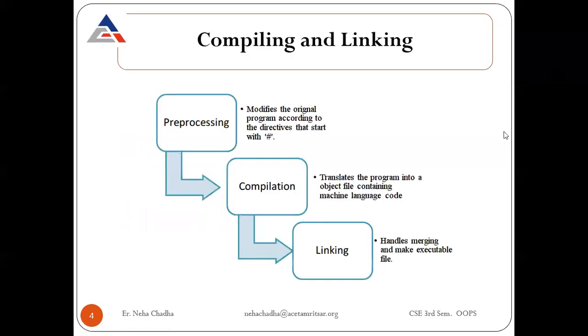Coming to the compiling and linking process, firstly, there is a process called pre-processing that modifies your original program according to the directives that start with hash. As you know, when you declare your header file, it starts with a hash symbol, which is called a pre-processor directive.